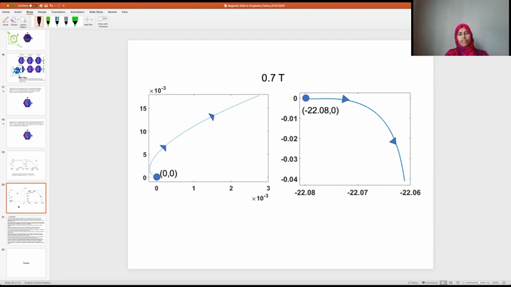Here for magnetic field 0.7 Tesla, we can see the trajectories of expectation value of momentum from two different initial positions. So for 0.7 Tesla, this trajectory is always in the same direction. It is good.